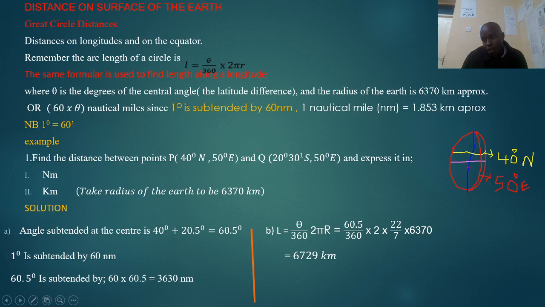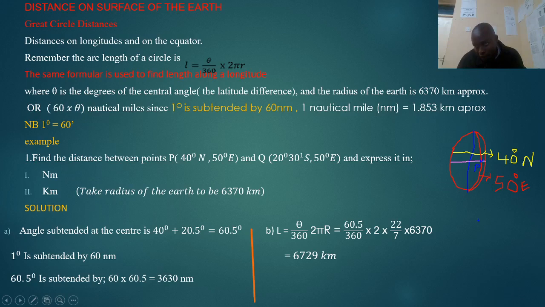After naming this point 50 degrees east, now we can locate that point and name it. It is point P. Just give it a letter, point P.